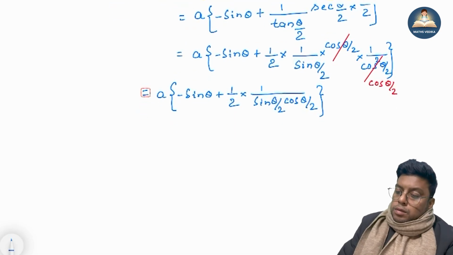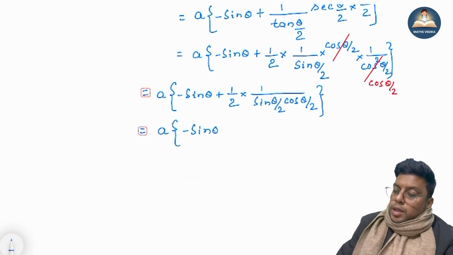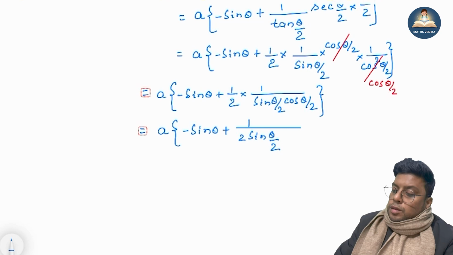This is equal to a into minus sin theta plus 1 by 2 sin theta by 2 cos theta by 2.